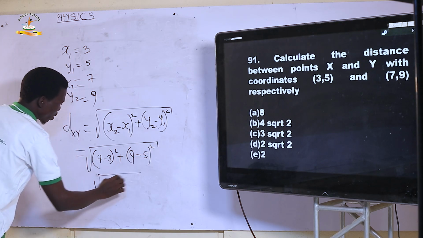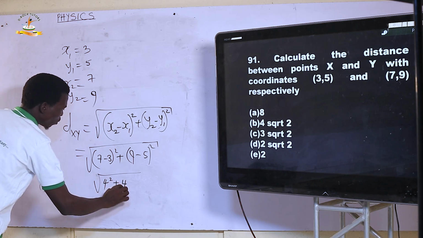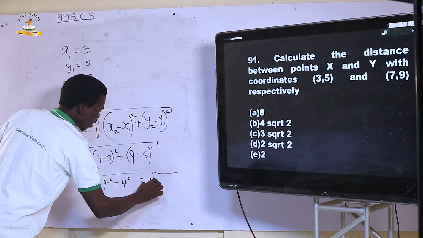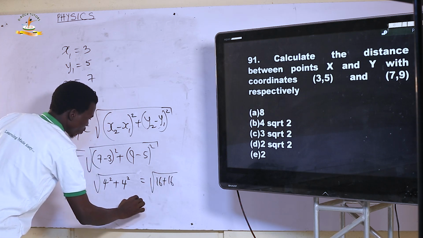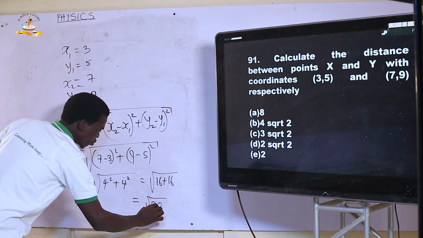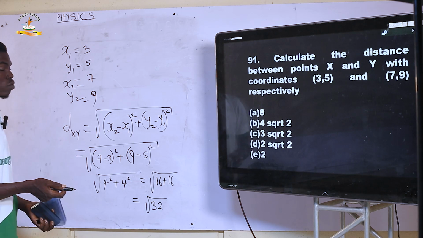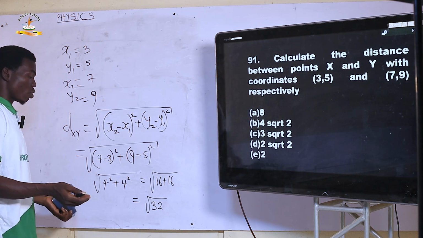We are left with 4 squared plus another 4 squared. And this is the square root of 16 plus 16, which is the square root of 32. And we can see we have no square root of 32, so we have to break it down into something root of something.